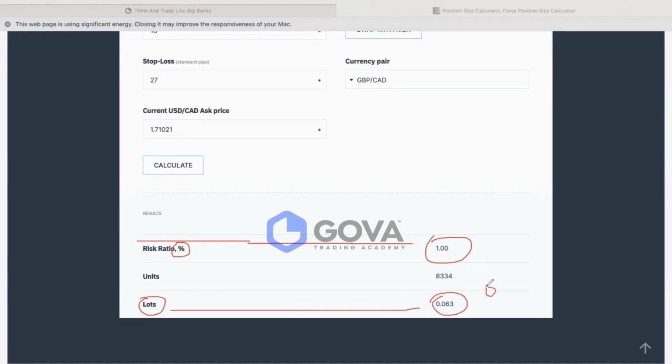So this is 0.063. In the MetaTrader, we cannot put this 3 on the MetaTrader.